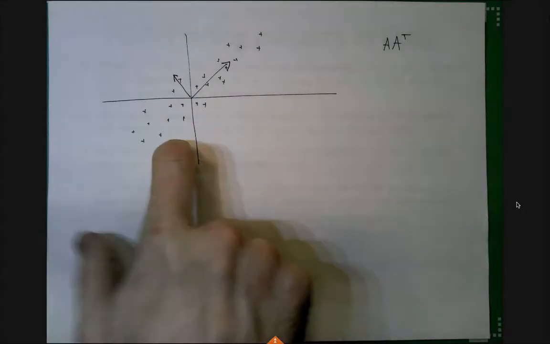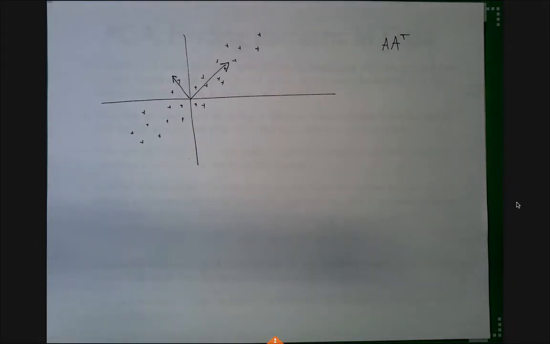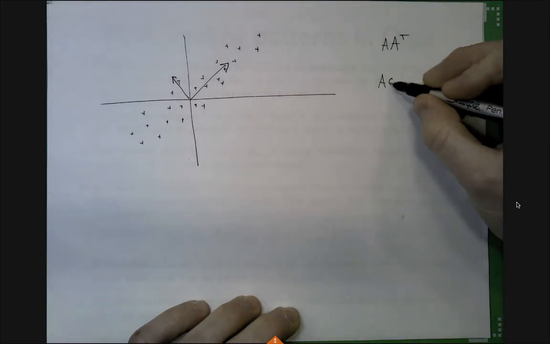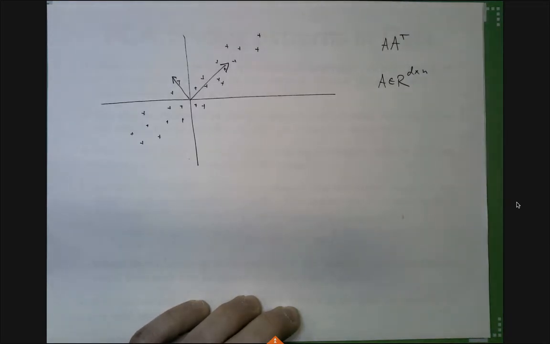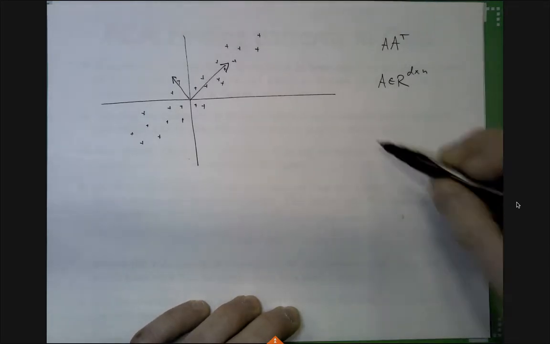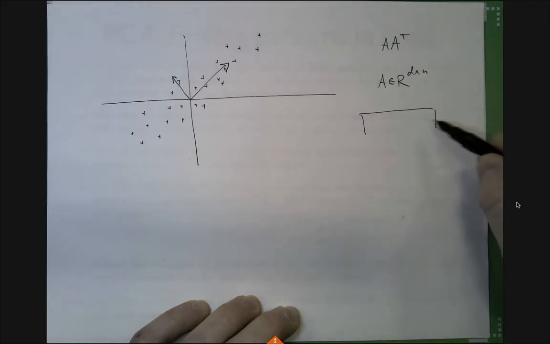But the point is this works beautifully on high dimensional data. If the data have 100 attributes, that's absolutely no problem. Your data matrix is D times N, where D is the dimension of data and N is the number of data samples. Almost always you have more data than attributes.